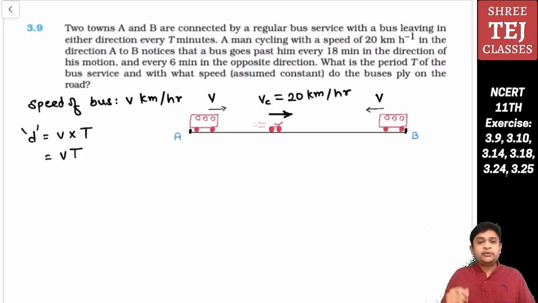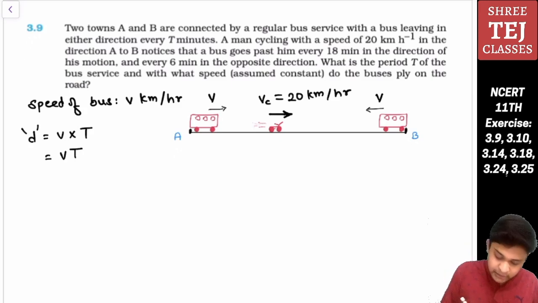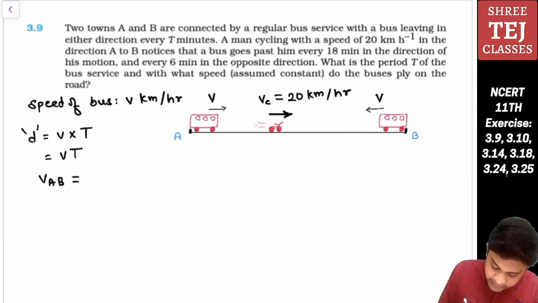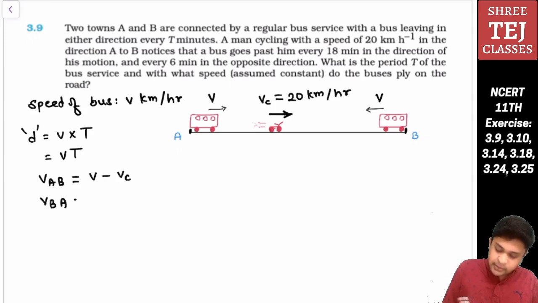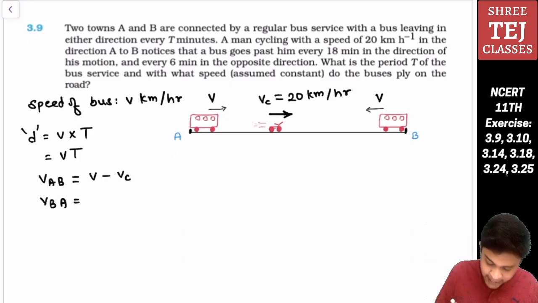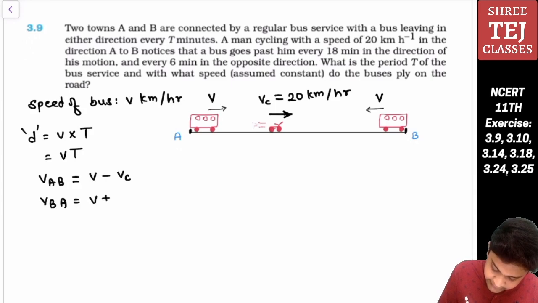Now, what will be the relative speed of bus in the direction of the cyclist? So relative speed of bus from A to B with respect to cyclist will be speed of bus minus speed of cyclist, and from B to A, because the bus and the cyclist are in opposite direction, we will have to add their speed, so it will be V plus VC.